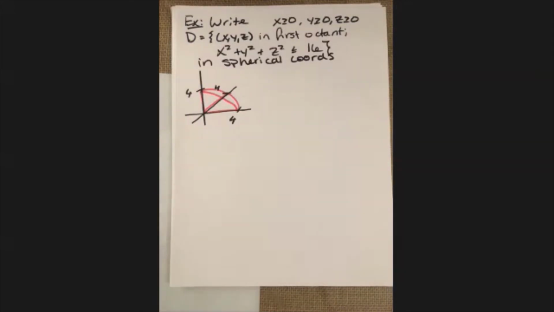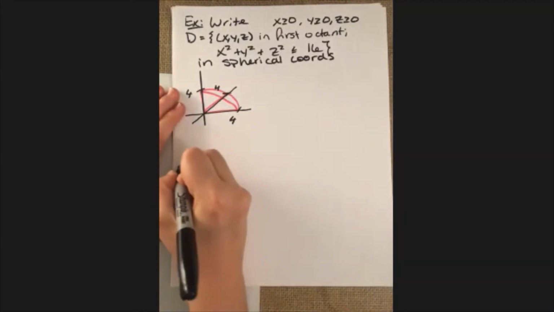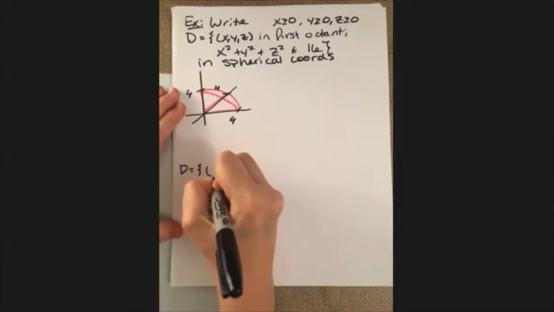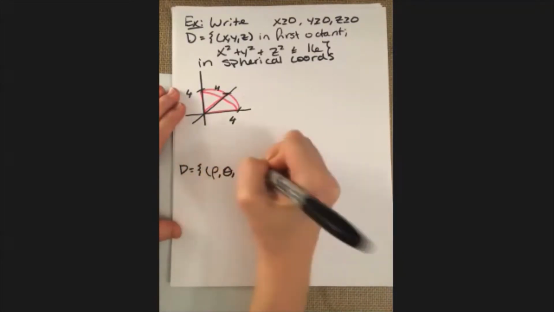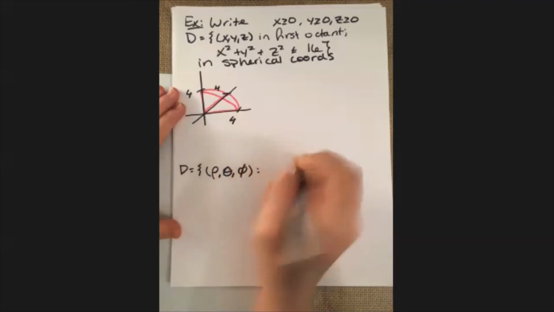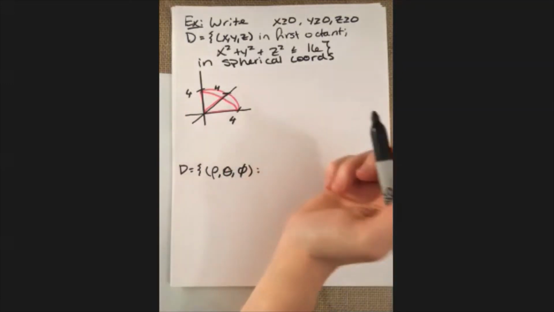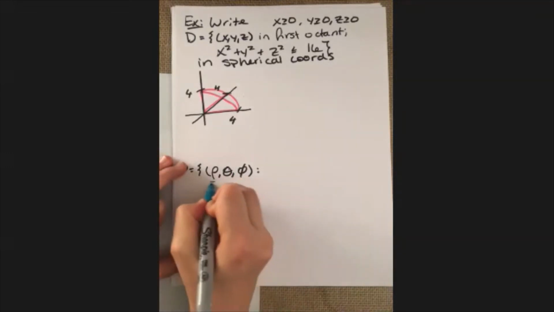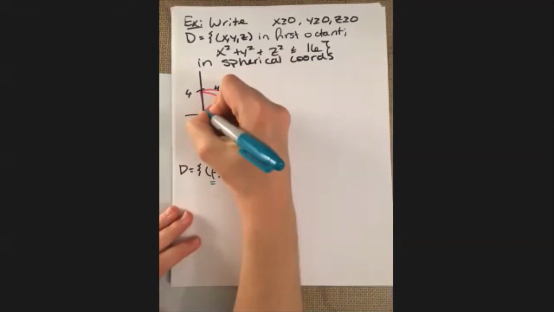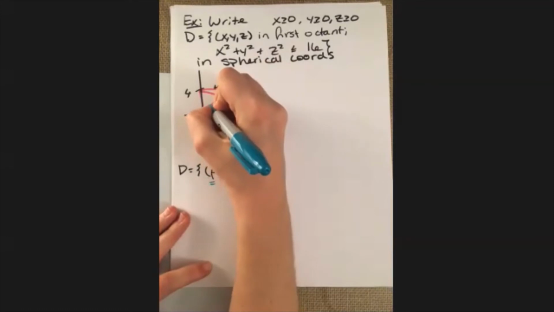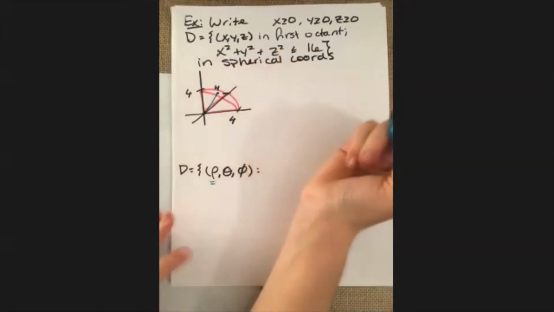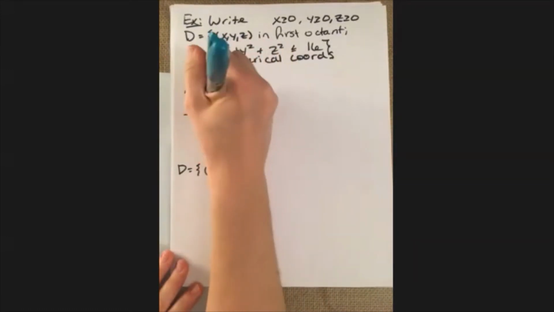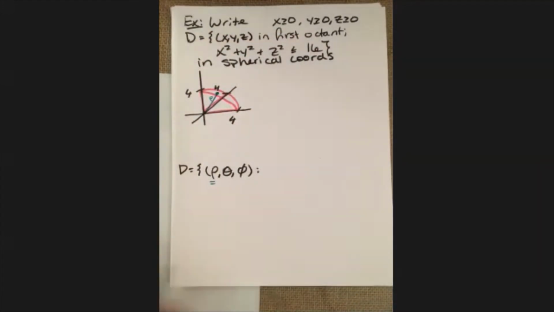So our goal for this is to write our domain as having a rho, a theta, and a phi. So we need restrictions on each of these. So we're going to work with rho here. Rho is the part that starts at the origin and goes out to wherever our point is. You can think about this little radius here as rho.